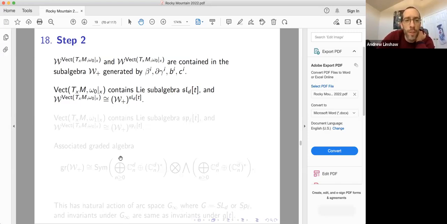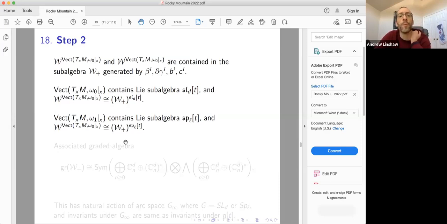Similarly for the hyperkahler case, taking the invariants in W of this much larger Lie algebra is the same thing as taking the W plus invariants under sp_{2n}[t], which is again a Lie subalgebra of this Lie algebra of Cartan type. So now we reduce to finding the invariants in this free field algebra under a Lie algebra of this form.